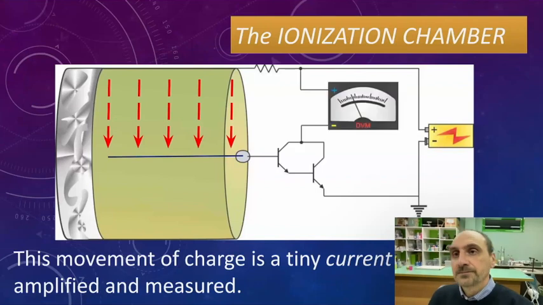So this is the final scheme of a project. You can see a transistor, a special transistor called Darlington, and I will show you later how it looks like, and a digital voltmeter to read the current in the circuit.